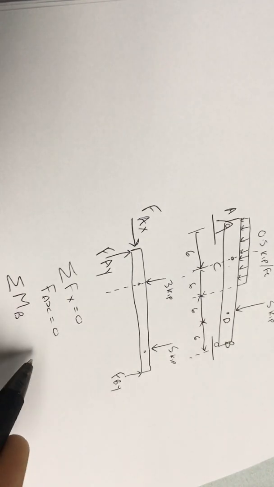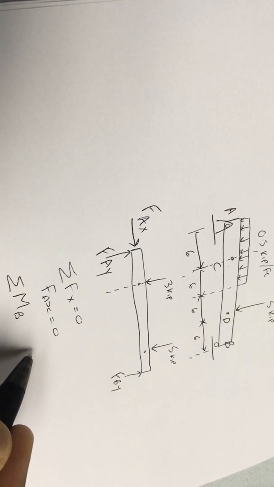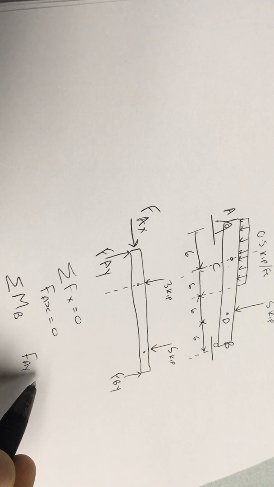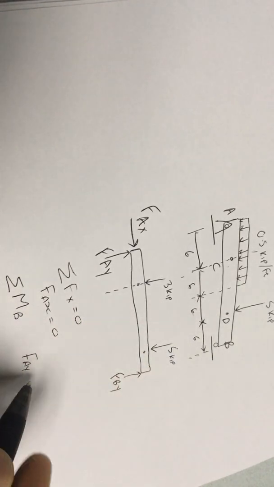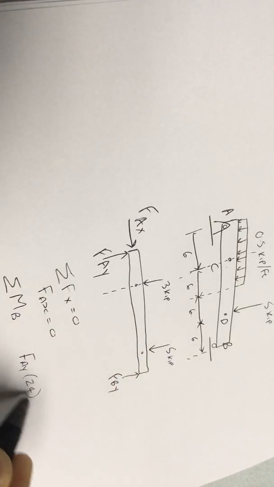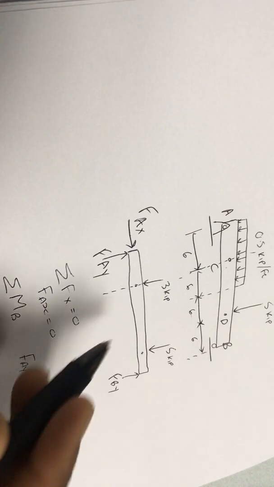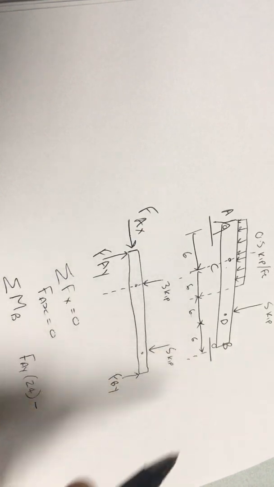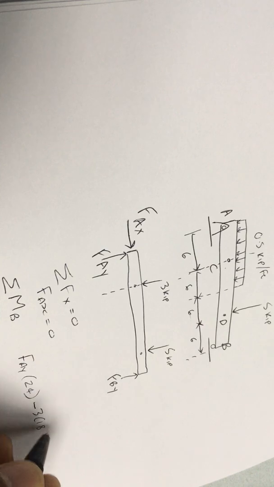So sum of the moments about B, you would say FAY would be times this total distance, which is 6 times 4, 24, minus, and this would be 3 times 6, 18.